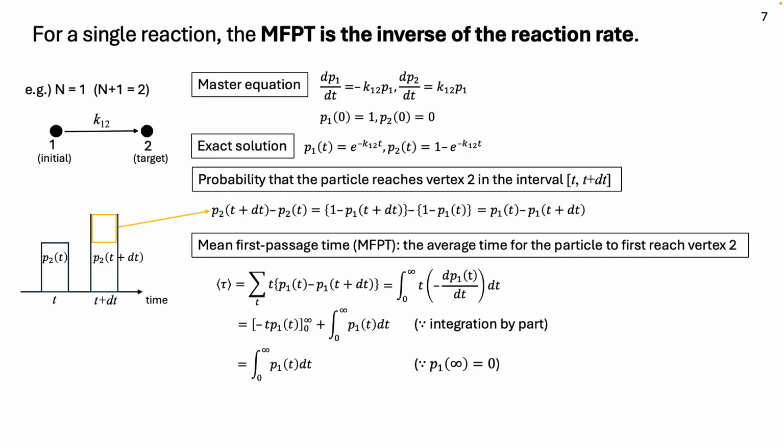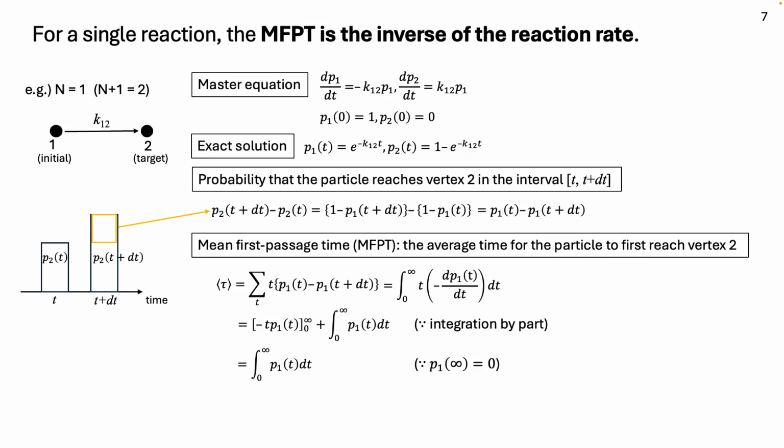We are reaching between t and t plus delta t, but delta t is very small. So basically this means we are reaching vertex 2 at time t for the first time. This is the probability that we reach vertex 2 at time t for the first time.